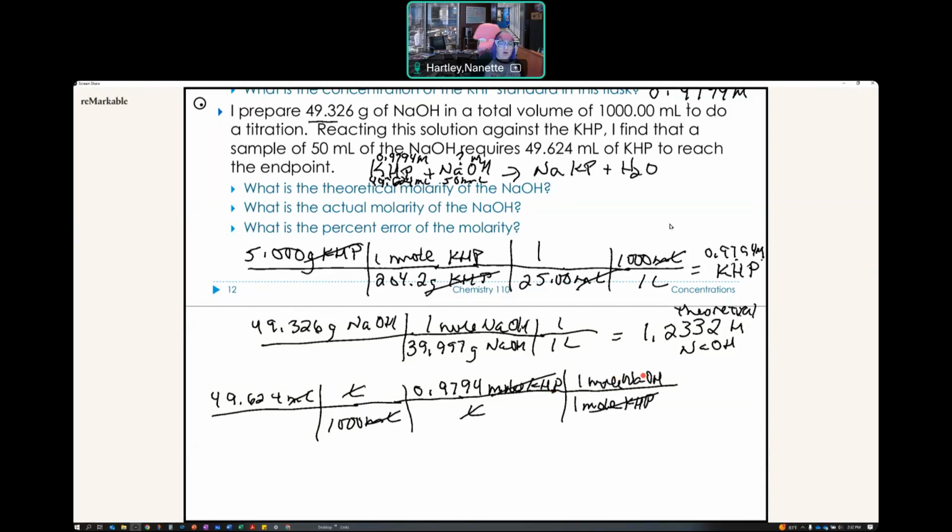In order to get to a molarity, I need moles per liter. The only other thing I know about this is that I had 50 milliliters here, right? So I'm just going to put that it was a 50 milliliter sample down here. And then I can do a unit conversion. I know that there's 1,000 milliliters.